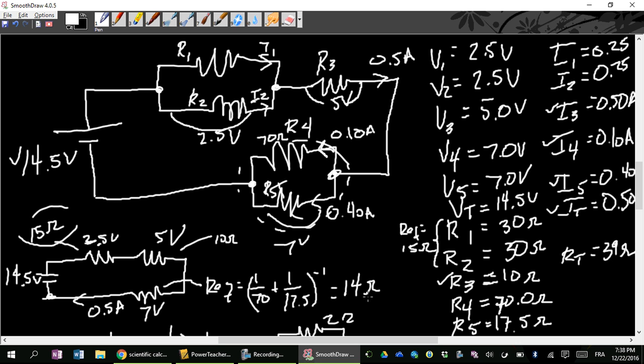That was correct, right? Because they found R4. They have R5 at 18. Right, but they don't tell us this one. Right, so they're not telling me this one. That's okay.